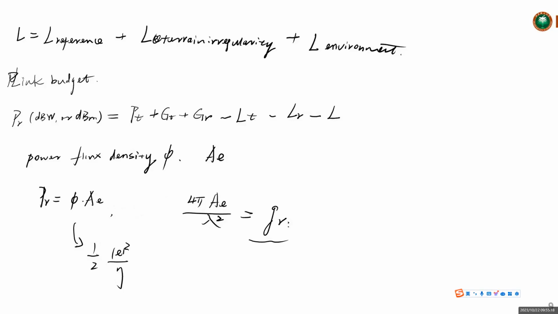So the field strength in linear range can be equal to the value divided by 120 pi. Finally, as we previously demonstrated, it can be expressed in the linear range.